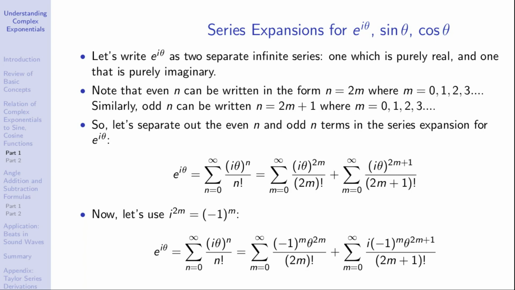And the second sum is the sum over m from 0 to infinity of i theta raised to the power of 2m plus 1, and all of that is divided by 2m plus 1 factorial.